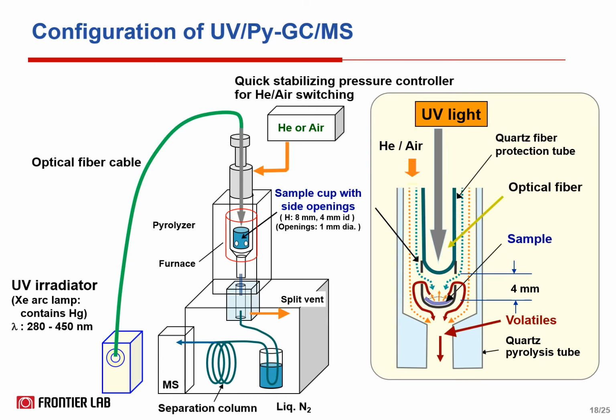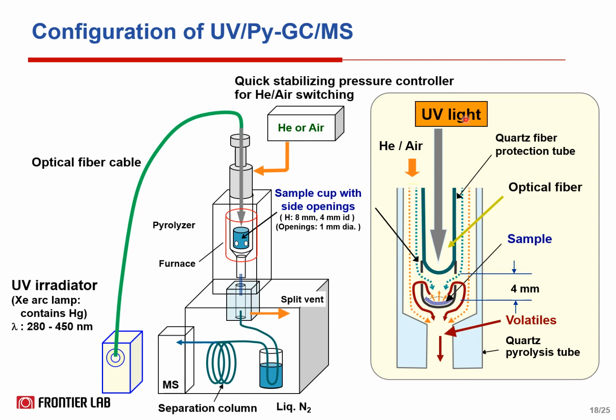The configuration of UV Py-GCMS system is shown here. UV light from xenon arc lamp is delivered via an optical fiber cable to the center of the pyrolyzer furnace. The sample placed in a sample cup is directly irradiated.